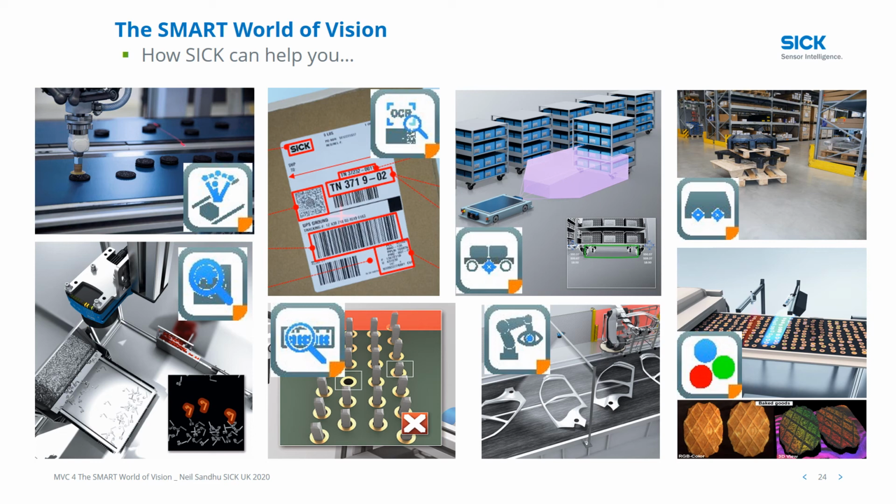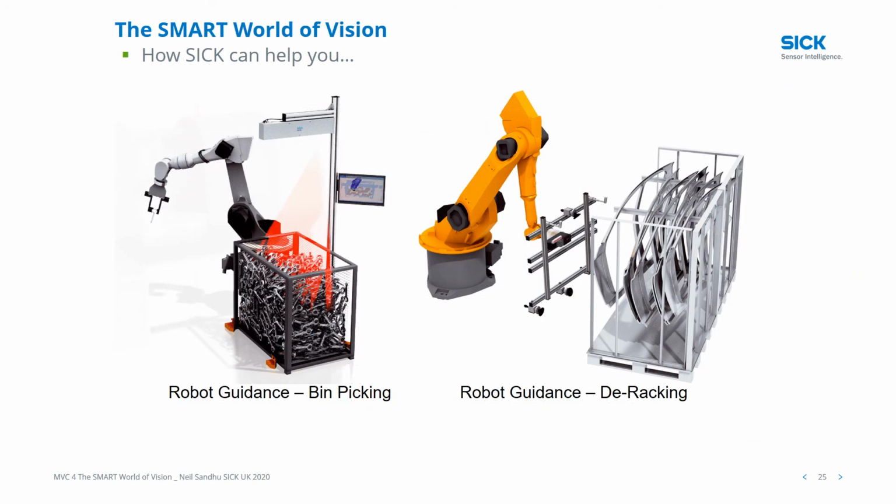Robot picking and placing in large and small components, as you can see here with the feeders or the large car-based components here. We've developed systems that work with most robots and very easy to calibrate and then to initiate a deployment, as well as creating specific solutions for the bin picking and de-racking elements that I spoke about earlier.